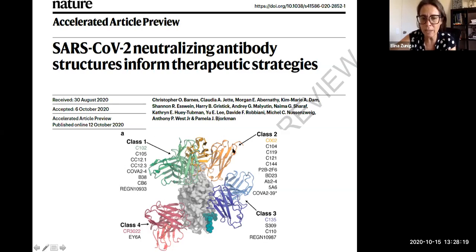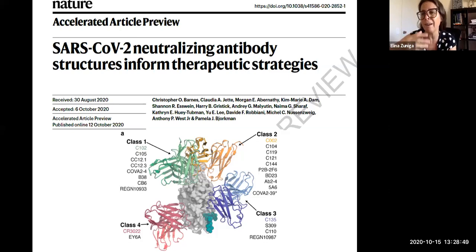But each of these is representative of a different class of antibody. In this paper, they determined the structure of these antibodies that are capable of neutralizing the viral protein, particularly the receptor binding domain, to prevent SARS coronavirus 2 from getting into the cells.